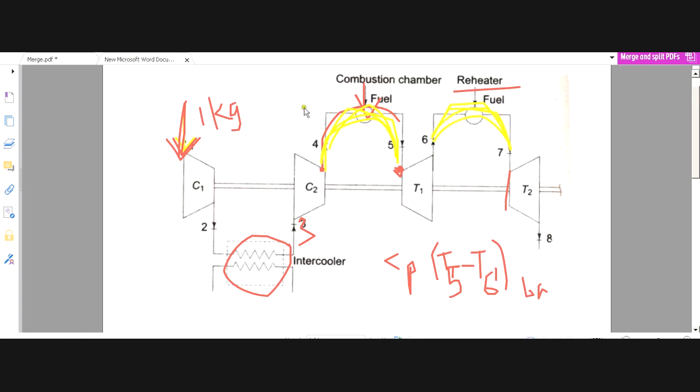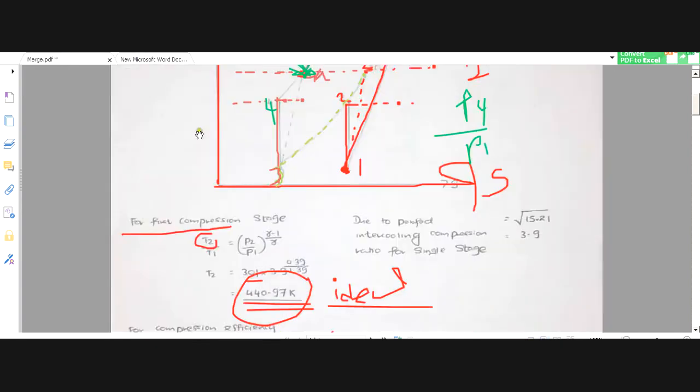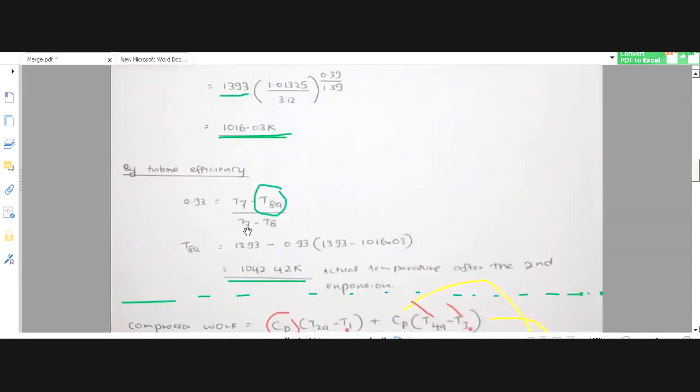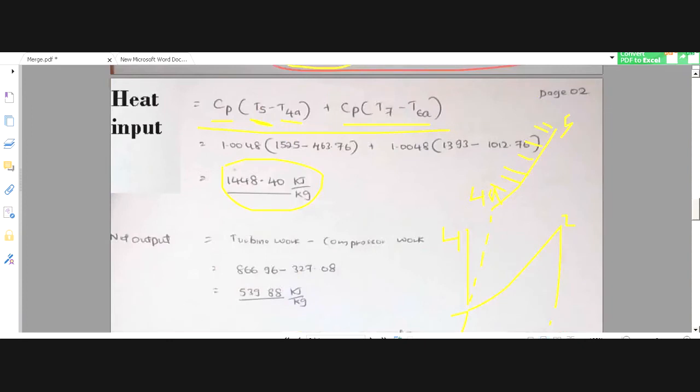So that is the scenario, because those two heat addition processes are the major heat addition processes in this plant. So that is clear. Okay, so now we calculated the heat input, right?